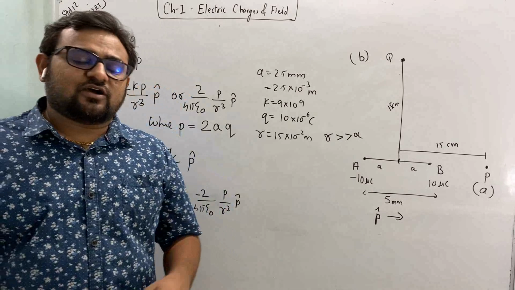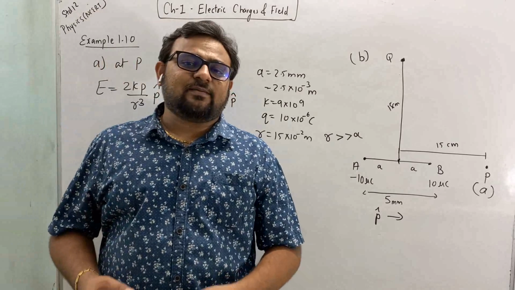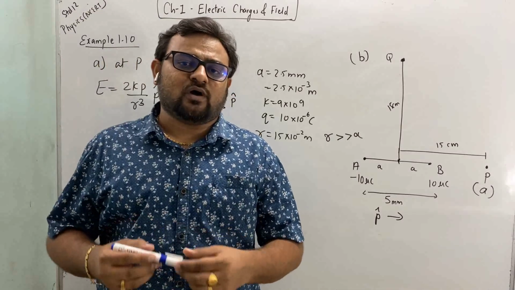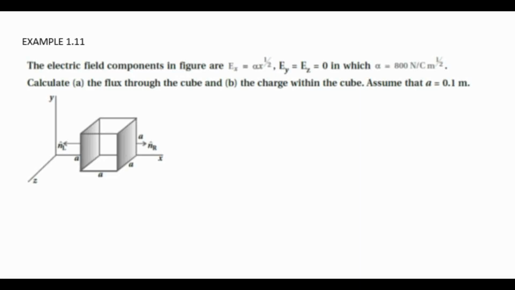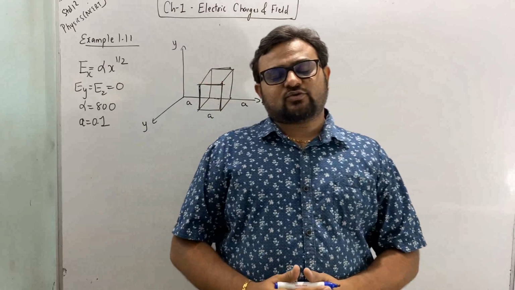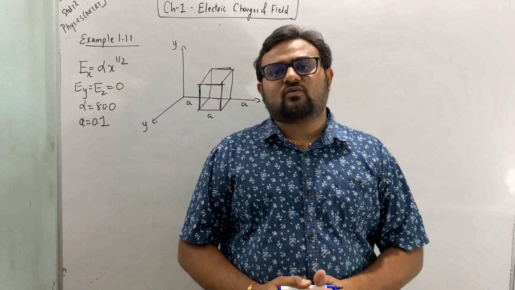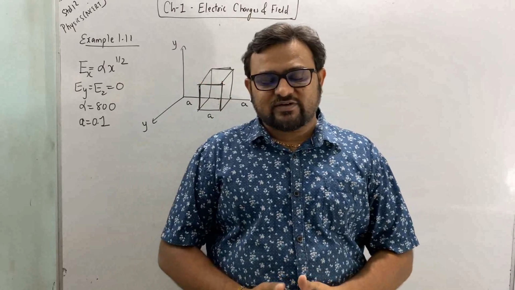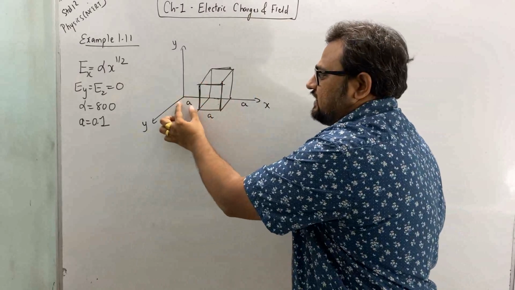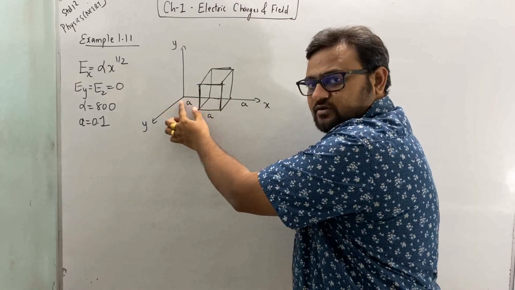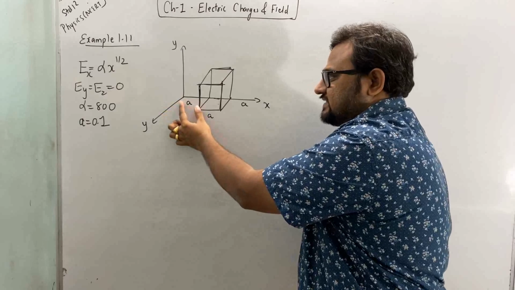Now let's move to the next question, example 1.11. Let's see the question. In question 1.11, it is given that a cube is placed at a distance from the origin on the x-axis.